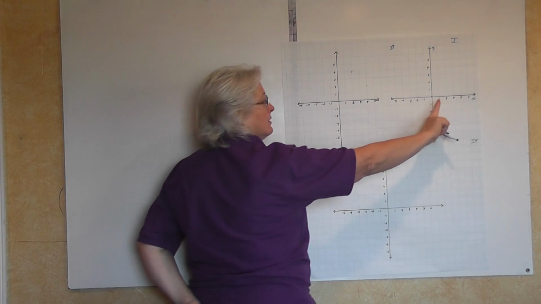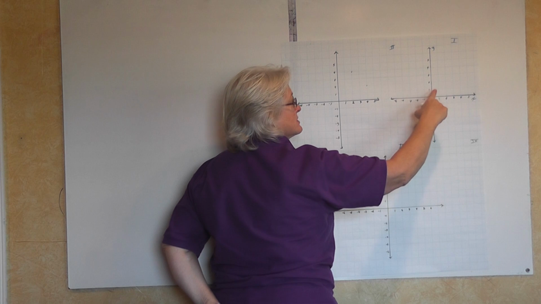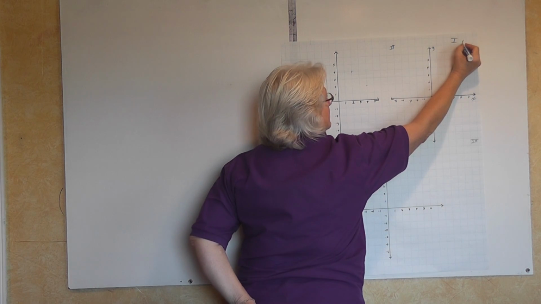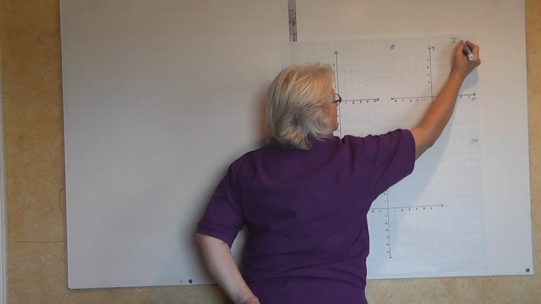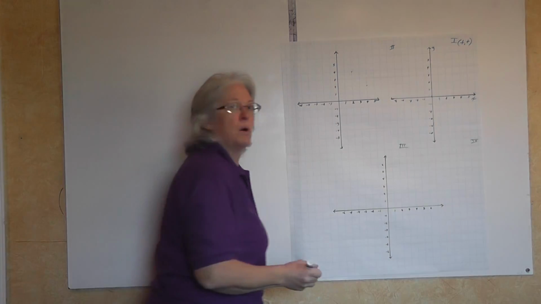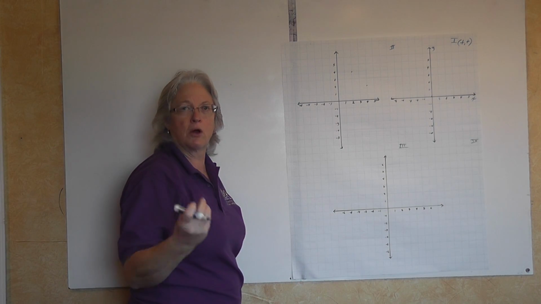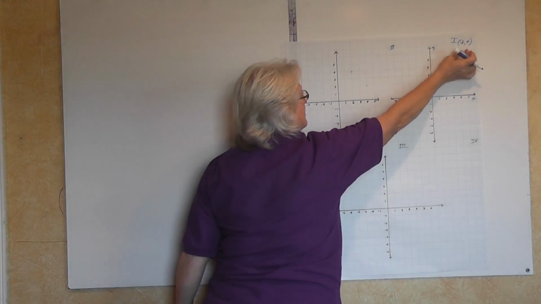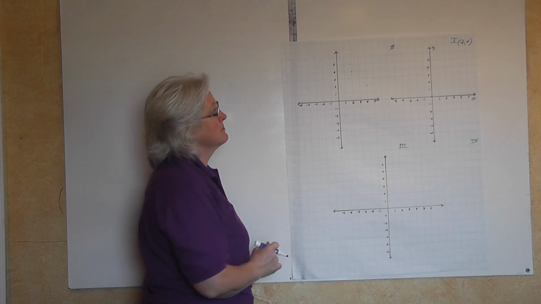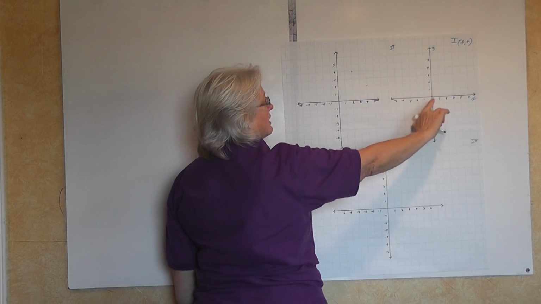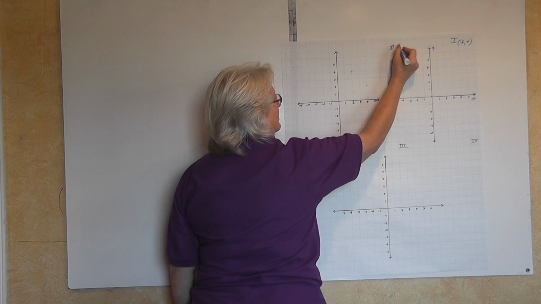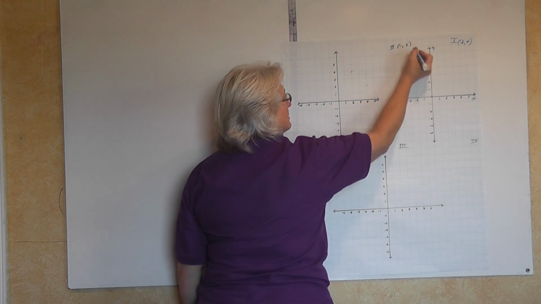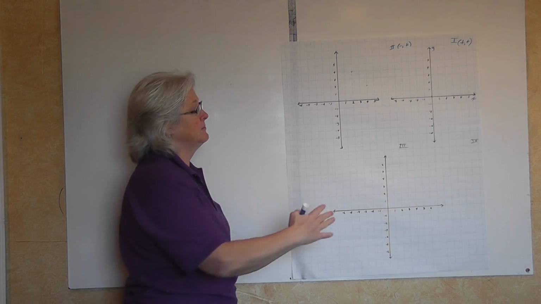What are we going to have here? All of our x values are positive. All of our y values are positive. So ordered pairs in the first quadrant are both positive. The sign of both of the terms is positive. In the second quadrant, our x values are going to be negative, but our y values are positive.